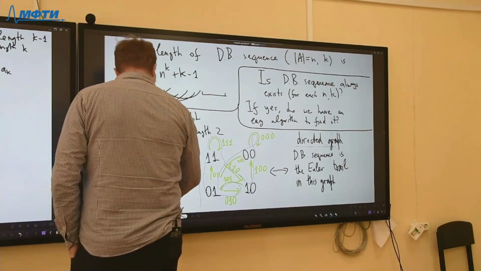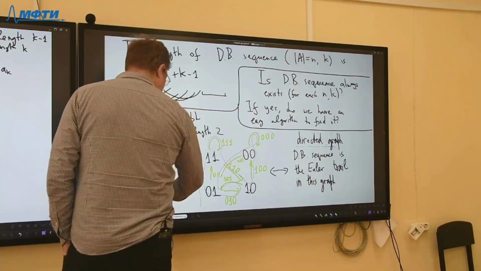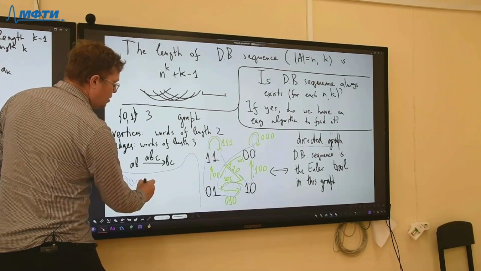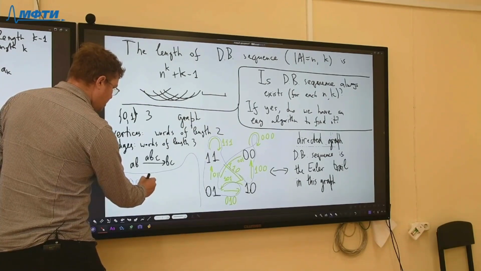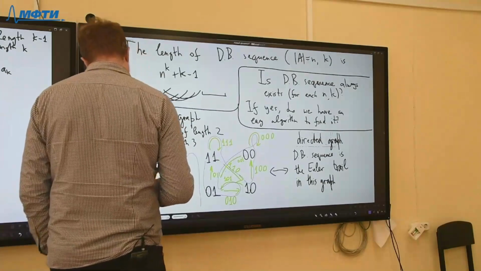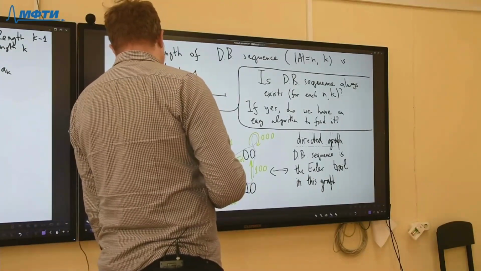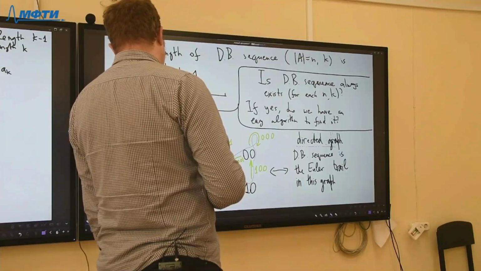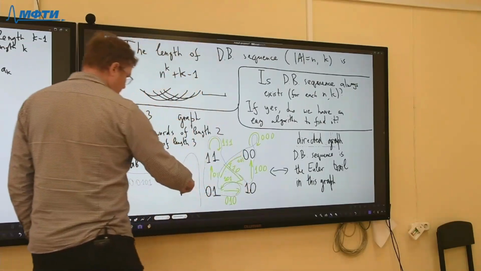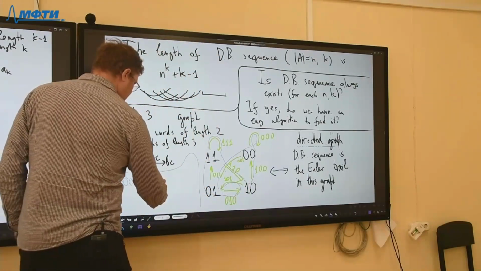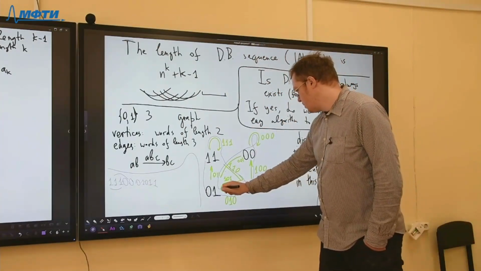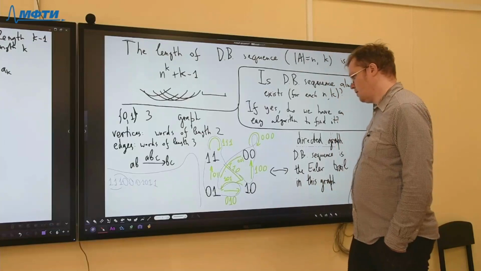So we'll have 0 0 0, then 0 0 1, then 0 0 1, then 1 0 1. Okay, but I just wrote the wrong picture here, because I need to go under and upper. Sorry.